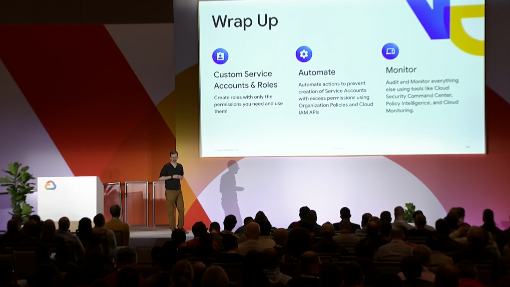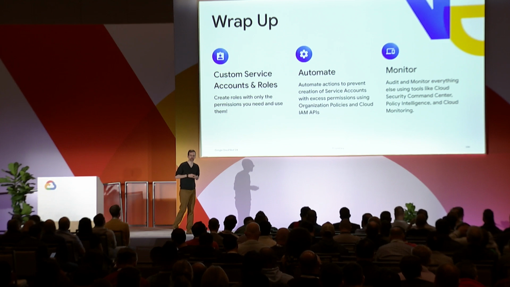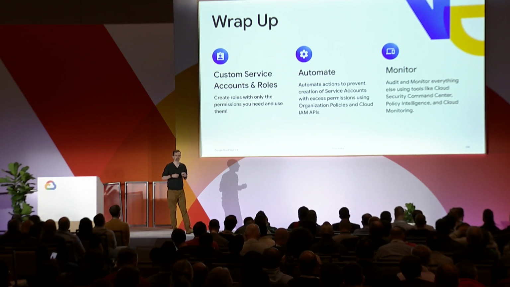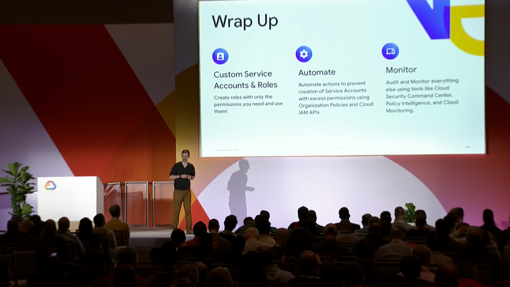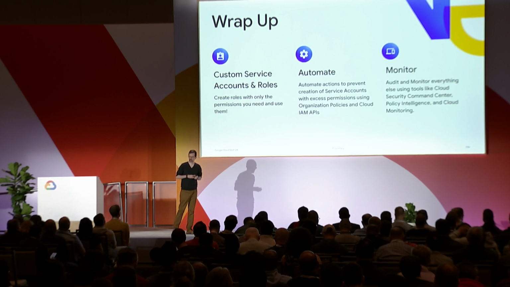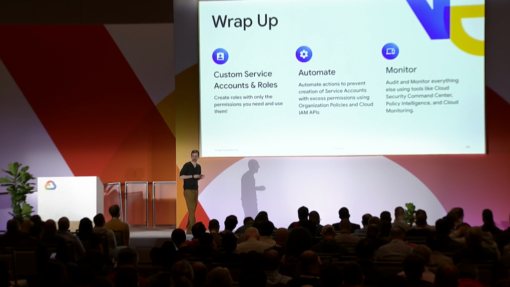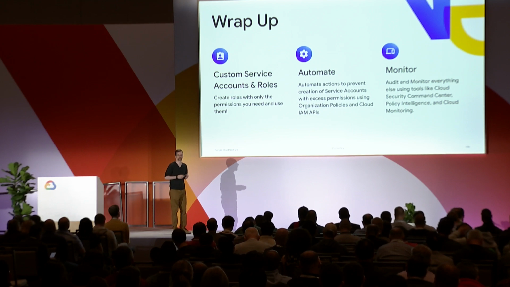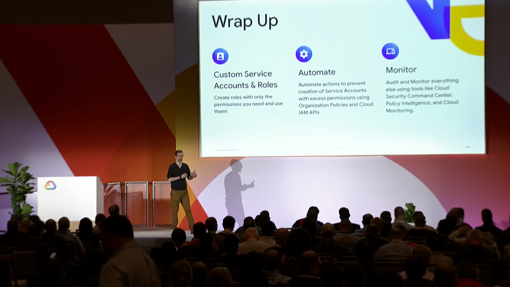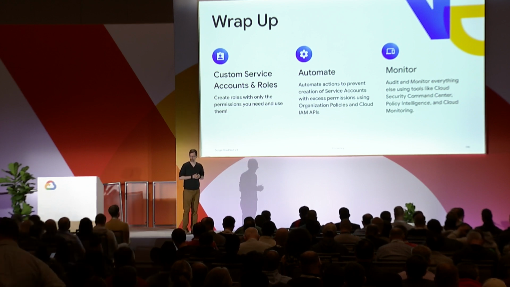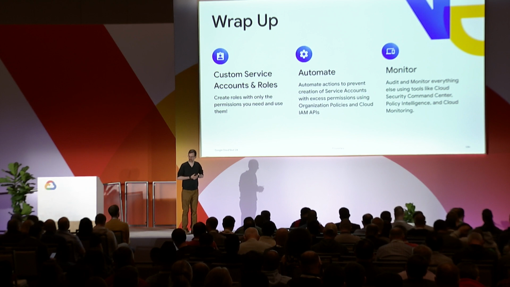And then, similar to automation, we also want to make sure that we're monitoring our IAM policies to make sure that we're applying them properly as well. So things like setting up IAM audit logging and monitoring, and using things like Cloud Security Command Center to scan and fix the findings that come up within Cloud Security Command Center.